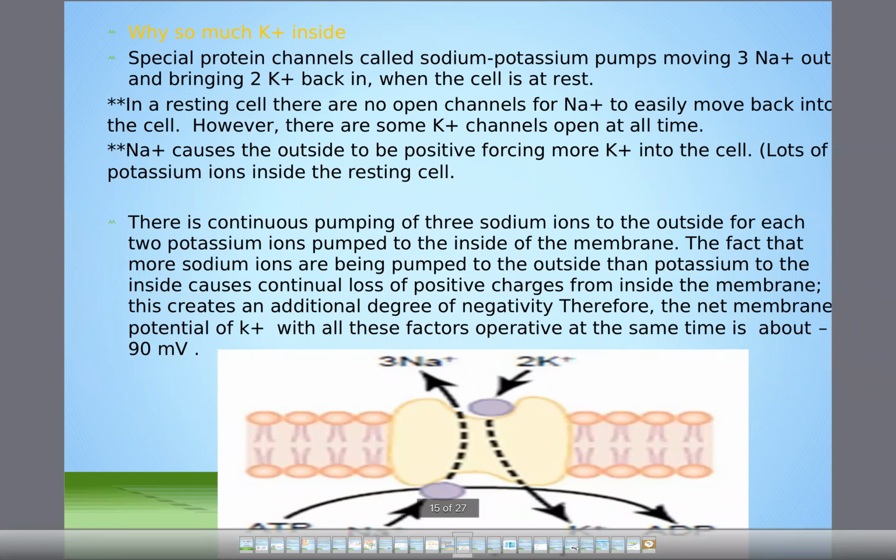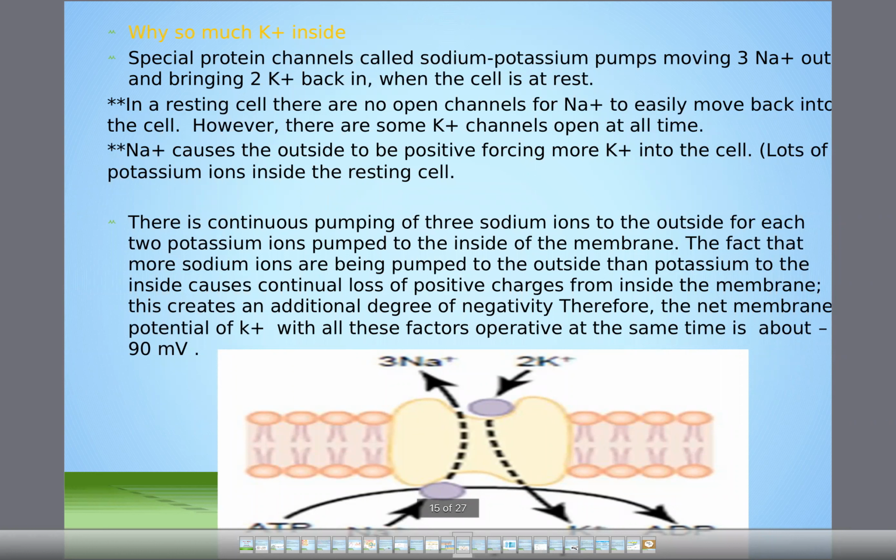However, there are some potassium channels open at all times, forcing more potassium into the cell, so there is a lot of potassium inside the resting cell.